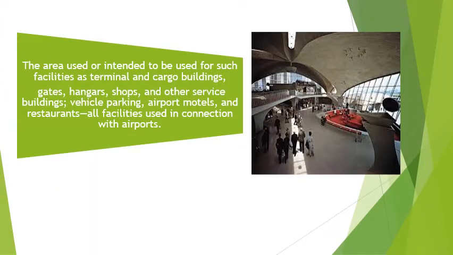So why do we call it the terminal building? The facilities that we provide may include cargo, souvenir shops, vehicle parking, and restaurants. Everything is included in the airport. In order to name different categories, the building is the same big airport, but we say terminal building because of the various things.